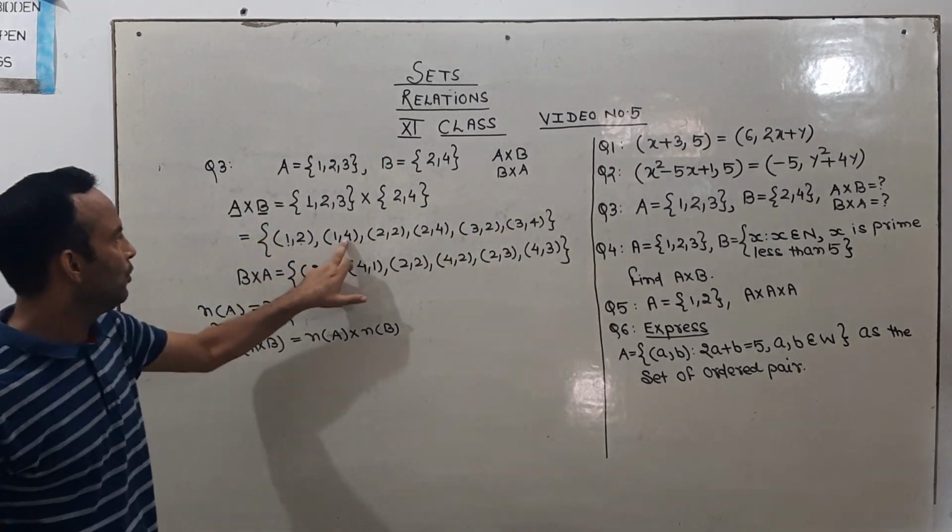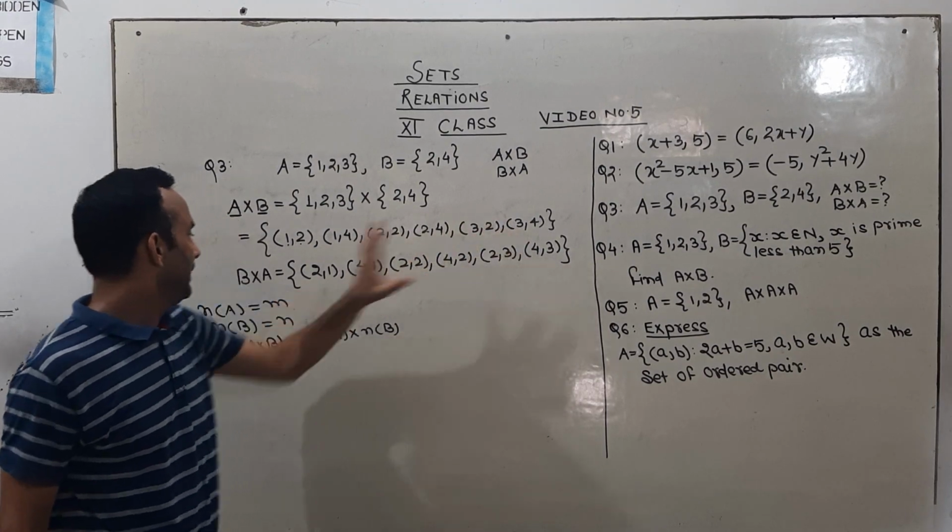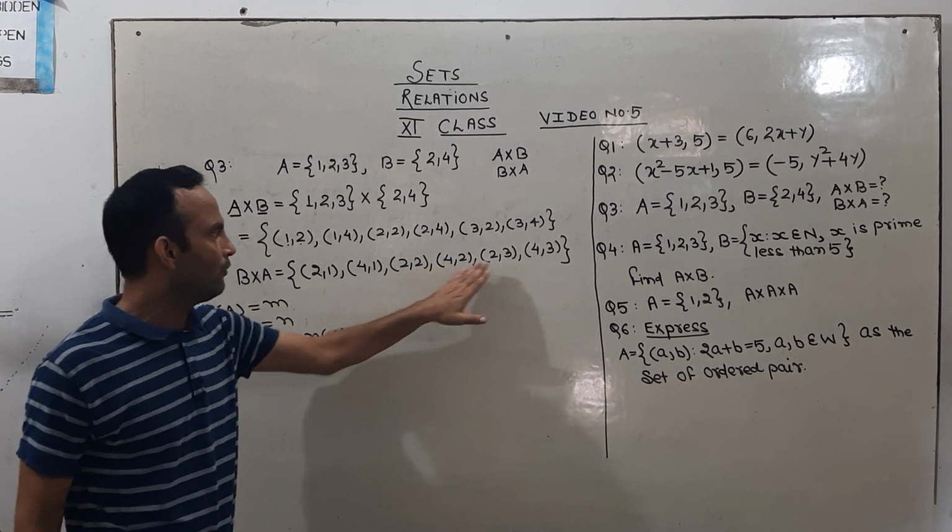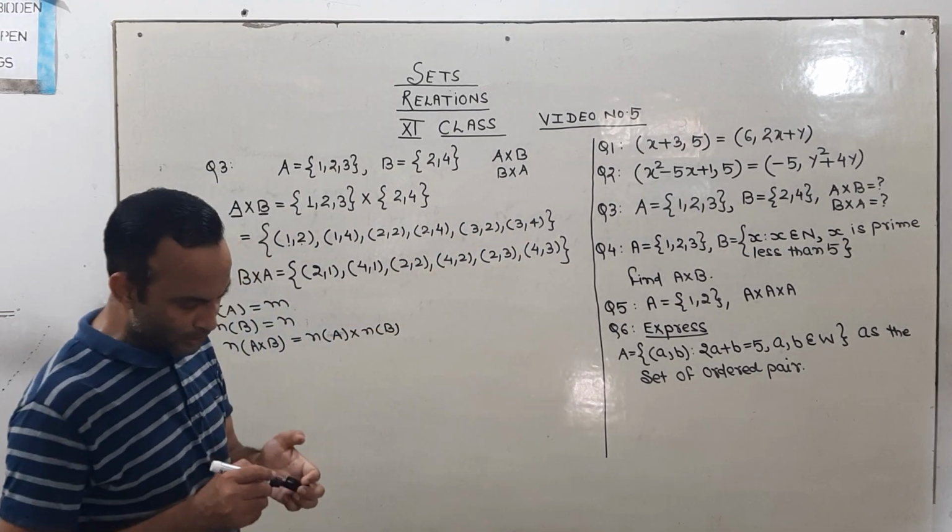You can see 1, 2, 3, 4, 5, 6. Here also 1, 2, 3, 4, 5, 6. Okay? I hope you understood well.